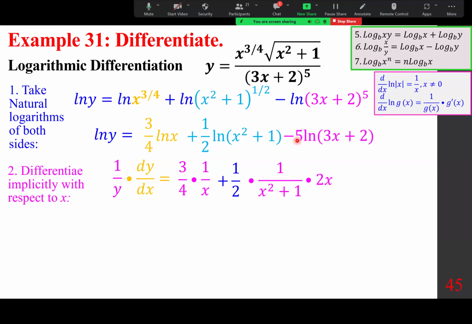Minus 5, and flip this over. So minus 5, flip this over, and then times the derivative of the inside, which is 3. So that's how you do that, everybody. Again, it's pretty straightforward. I hope everybody's following that.